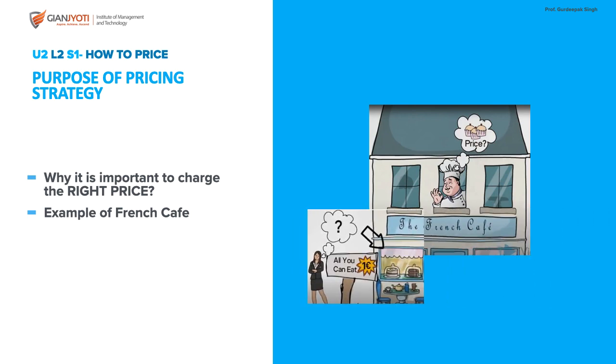Now, in order to decide the price, let us think that you just put it over there: all you can eat for £1, $1, right, or €1, right? This is what you're putting outside your cafe.